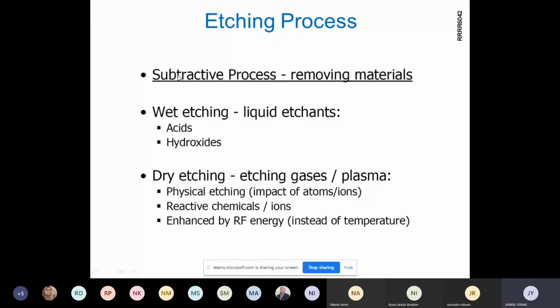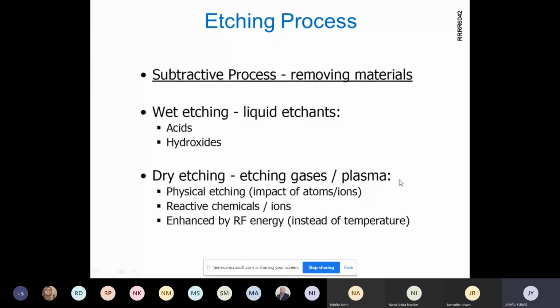This is the technique to remove the unwanted material. This process consists of wet etching and dry etching. For wet etching, we need liquid etchants such as acid or hydroxide. In dry etching, we use etching gases or plasma.